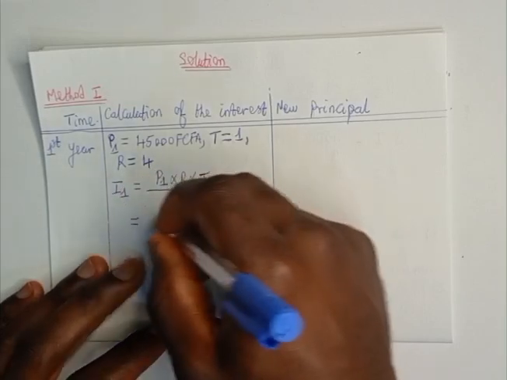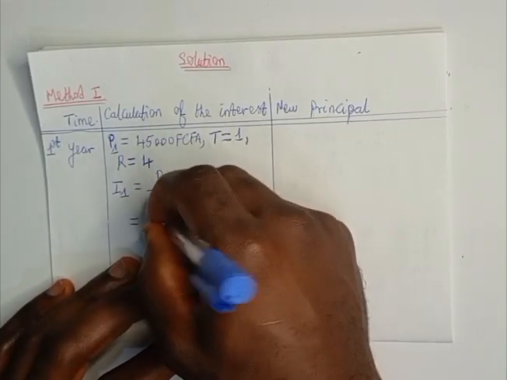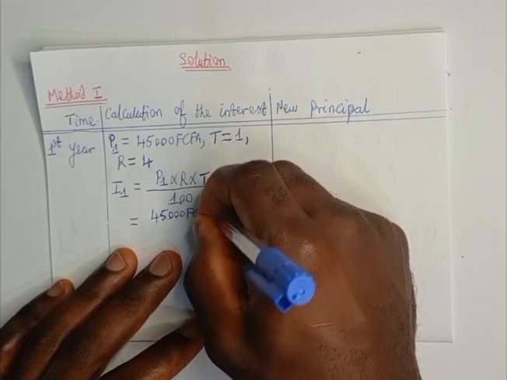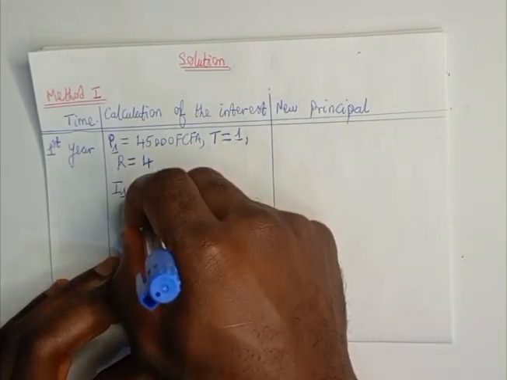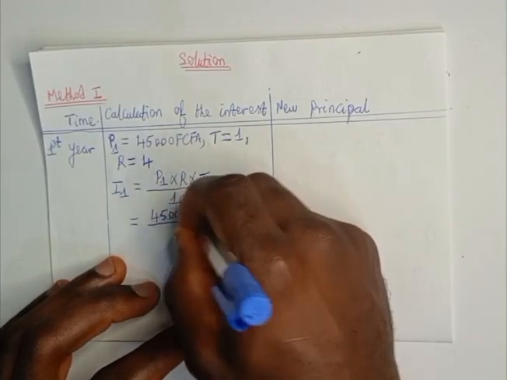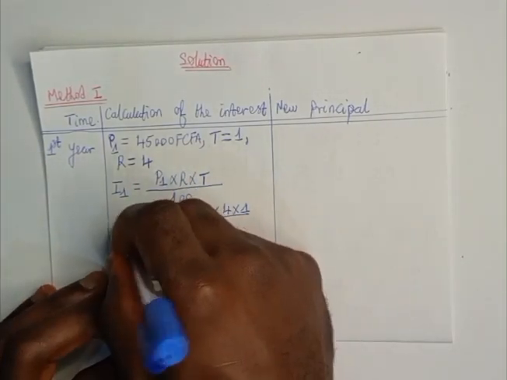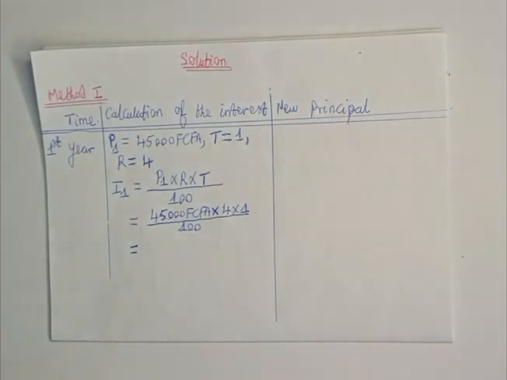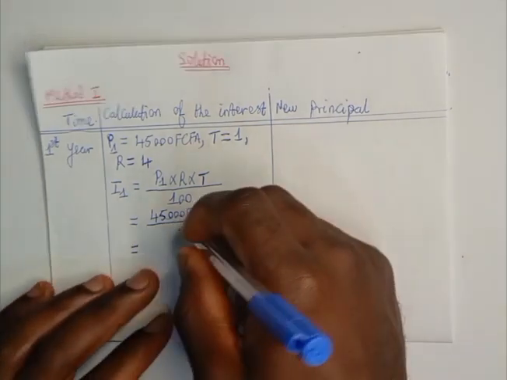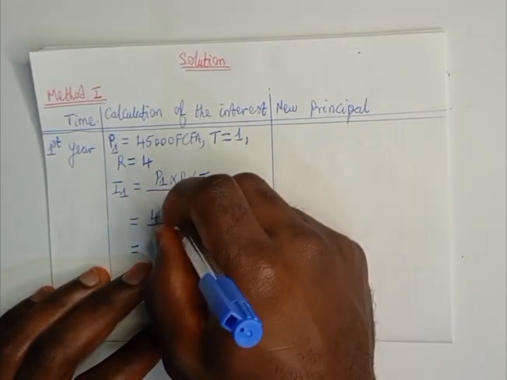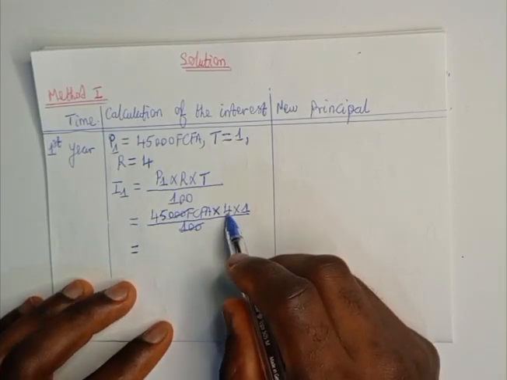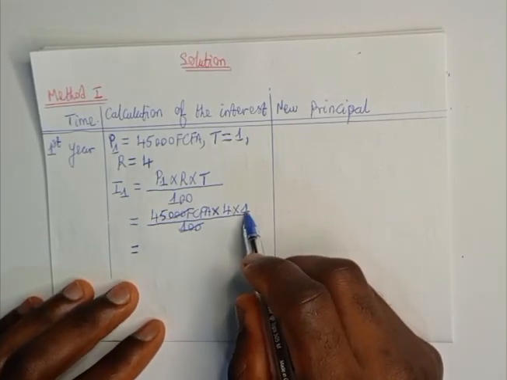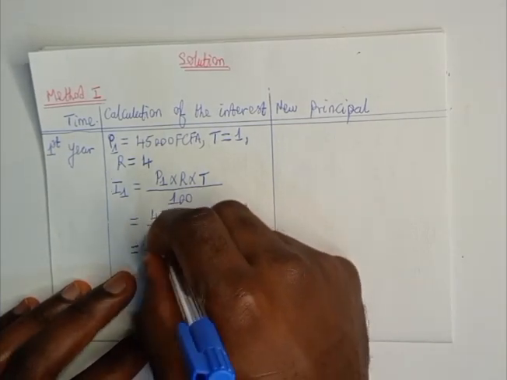This is 45,000 francs CFA multiplied by 4 times 1, divided by 100. 100 will go into 45,000 francs CFA 450 times. 450 times 4 gives us 1,800 times 1 remains 1,800.